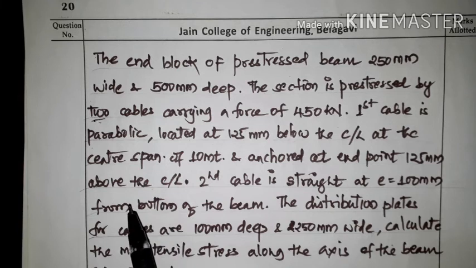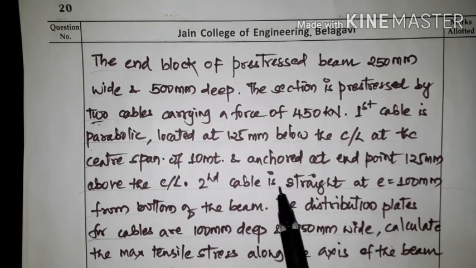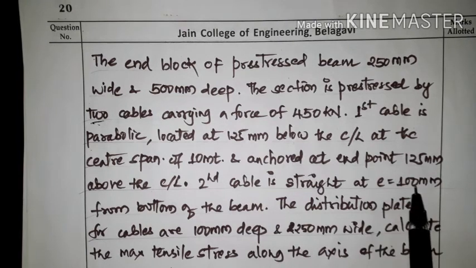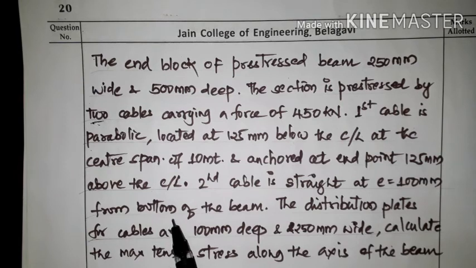So with the eccentricity at center of the span is 125 mm below the center line, and at end 125 mm above the center line. Okay, then the second cable is straight. Okay, so the second cable is straight at an e equal to 100 mm from the bottom of the beam.